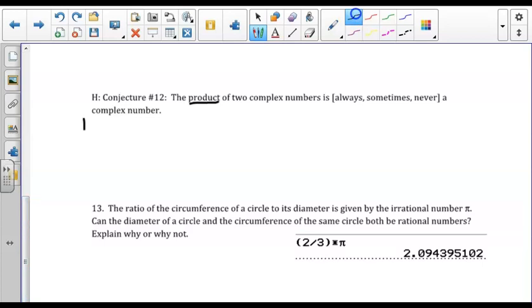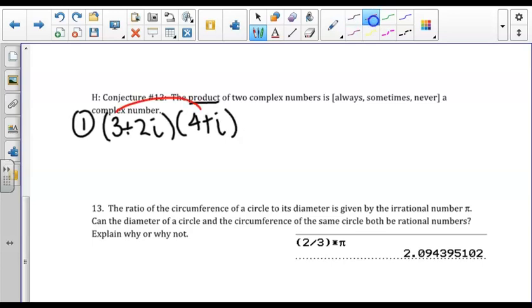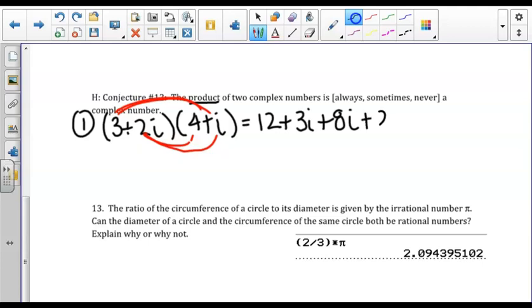Well, let's go through the multiplication here. So let's multiply two complex numbers, 3 plus 2i times 4 plus i. And in order to multiply, we do need to distribute the 3 and the 2i to the two terms in the second. So we're going to do that. 4 times 3 is 12. 3 times i will be plus 3i. 2i times 4 will be 8i. And 2i times i will be 2i squared.